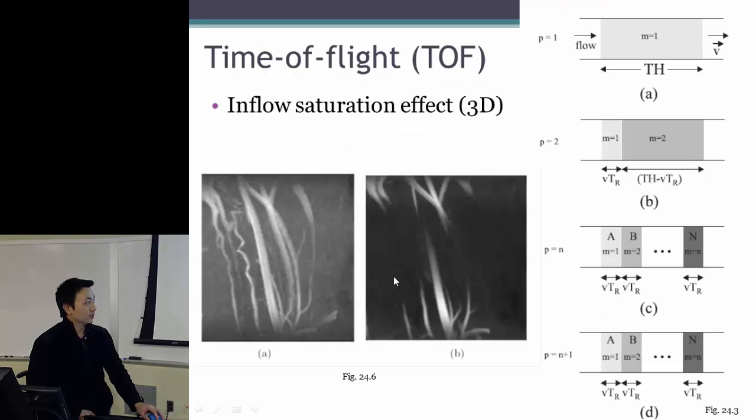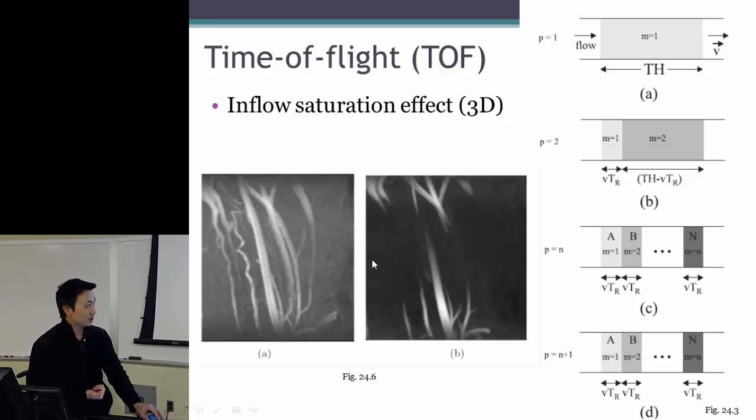If we use a slab of this thick and the blood flows in from the bottom, we cannot see the blood in here because it has become saturated. But if we just reduce the imaging slab to this part, that means for this whole imaging slab, we'll be able to see a high blood signal.